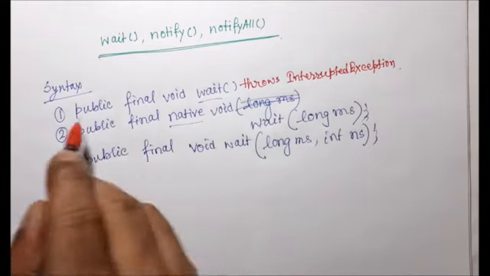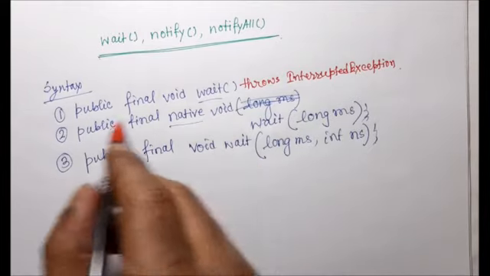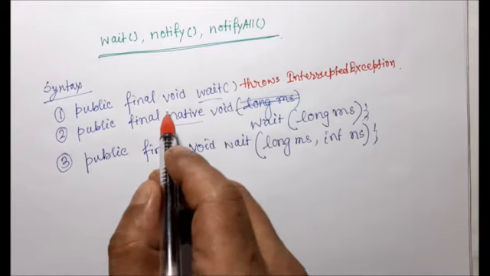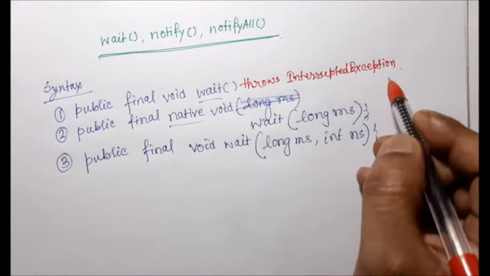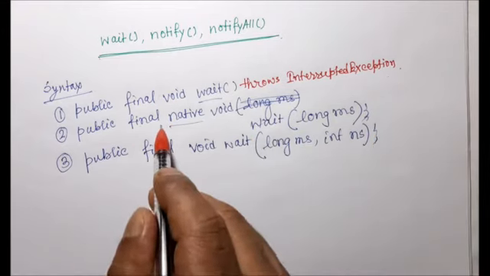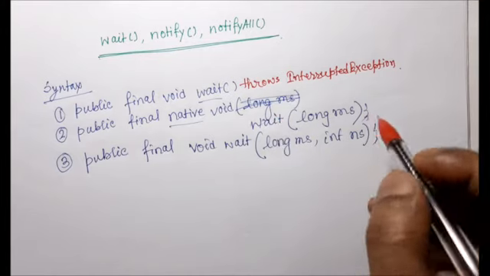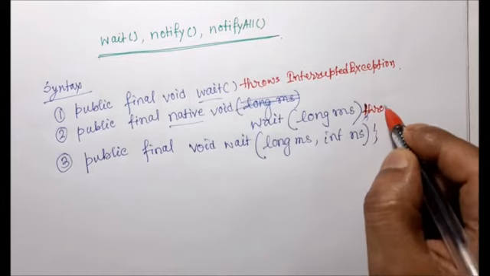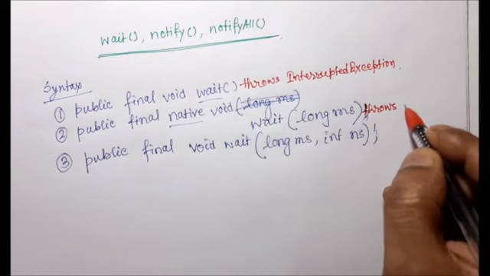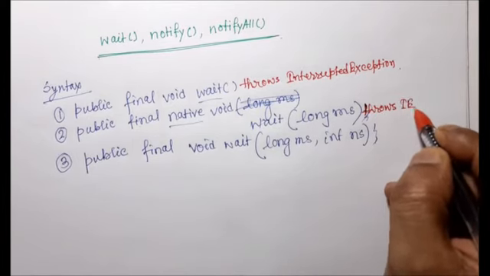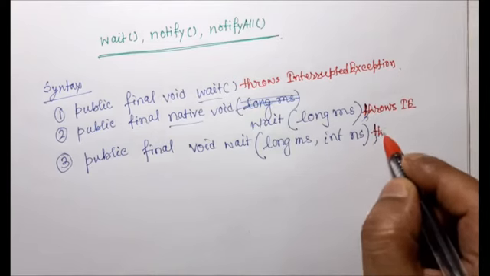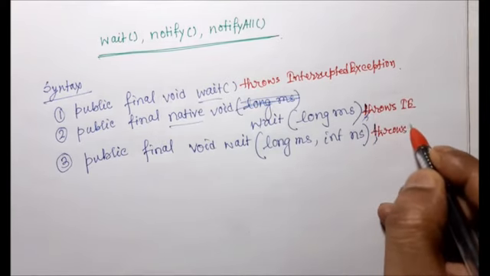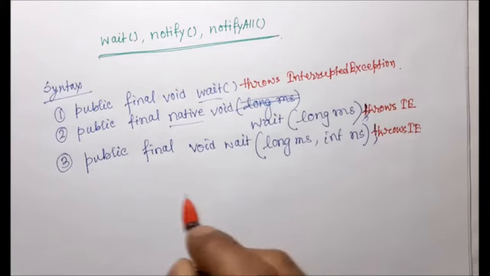So public final void is the full signature of the wait method: public final void wait() throws InterruptedException, public final native void wait(long millisecond) throws InterruptedException, and similarly this one throws InterruptedException. This is the full signature of the wait method.